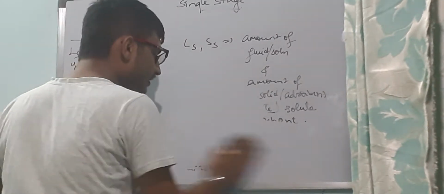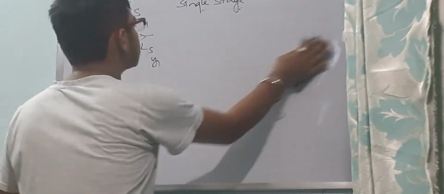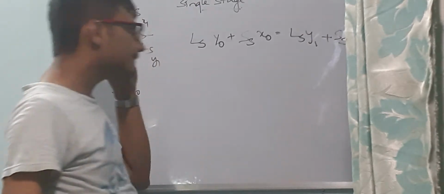Now writing the material balance equation for this. Writing the material balance equation, Ls into Y0. Inlet, what is material balance? Component balance. Inlet is equal to outlet. So Ls into Y0 plus Ss into X0 is equal to Ls into Y1 plus Ss into X1.